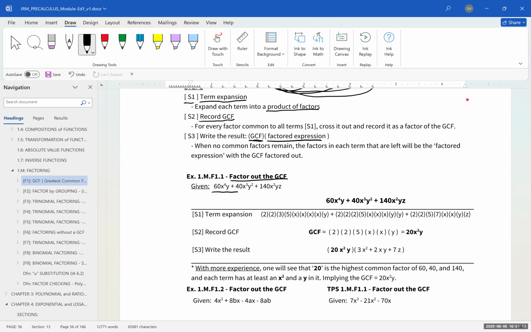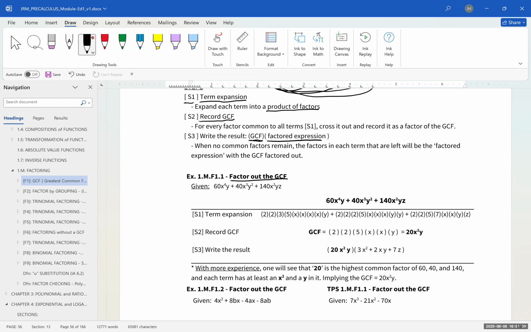Given this polynomial, we can see we've got three terms. Here's our first term, our second term, and our third term. Now I've just rewritten that polynomial right down here. And I apologize for these lines kind of moving around.